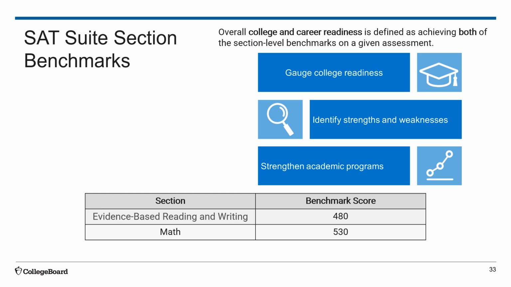For example, in the case of the evidence-based reading and writing benchmark, this represents a 75% likelihood of getting at least a C grade in a first-semester college literature, writing, or social science course. In the case of the math benchmark, this represents a first semester college-level algebra, statistics, pre-calculus, or calculus course. Overall college and career readiness is defined as achieving both of these section-level benchmarks on a given assessment.